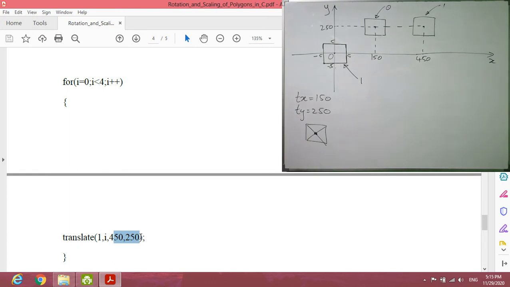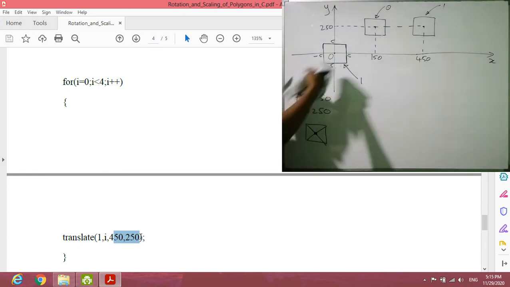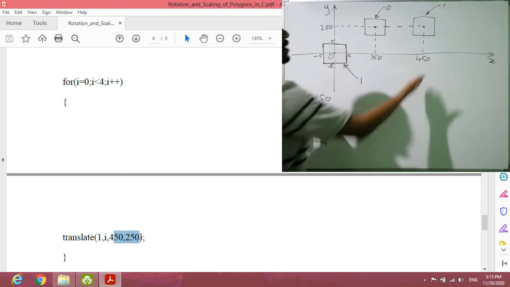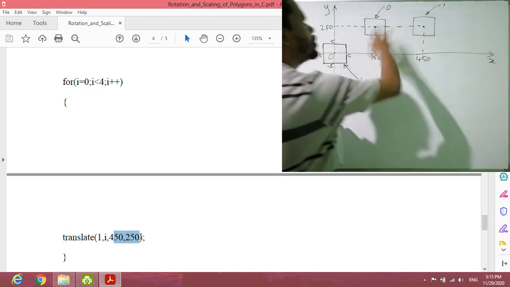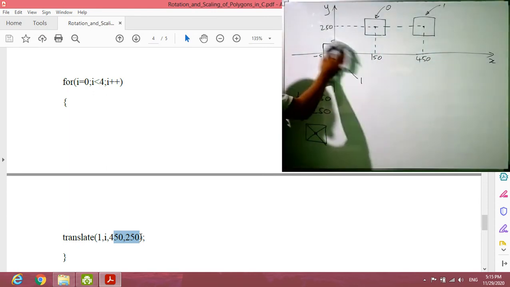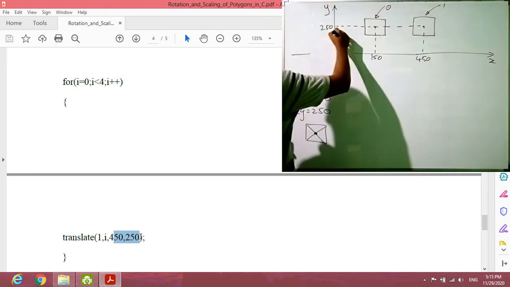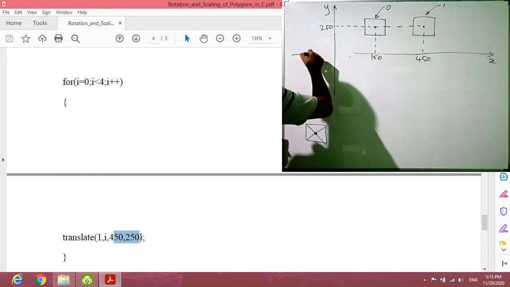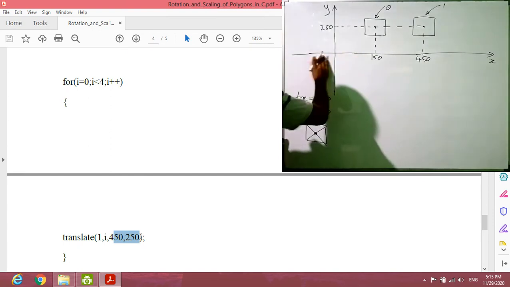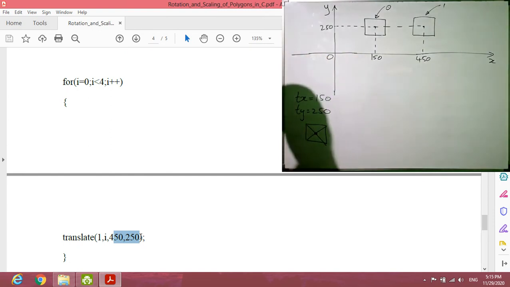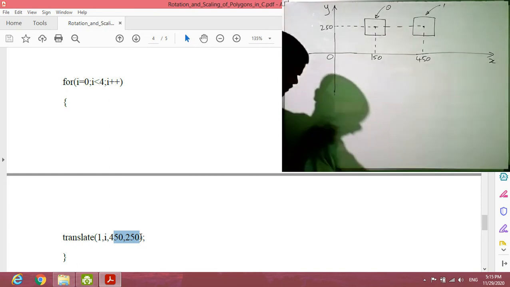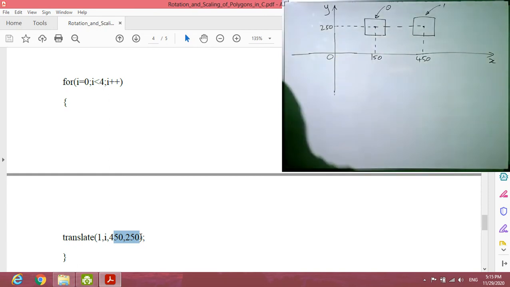They are not in the scale, these values, so don't worry about that. So now the two squares are located in this way in our coordinate system, okay. In our coordinate system these two squares are like this.